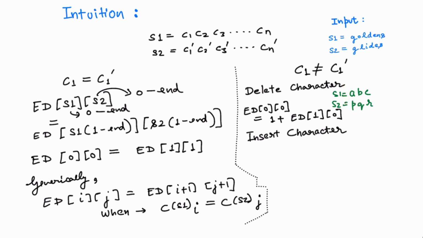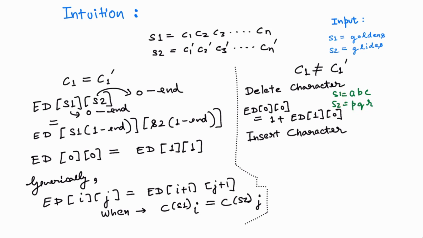So my first string would become PABC and the second string would be PQR. Now after insertion, these characters are now matching, P and P. Now what remains? This part and this part. Now what is this part? Mathematically, it is the string 1 that is going from the index 0 because we have inserted P prior to A. So this is index 0 till the end, but string 2 is now indexed from 1 till the end.